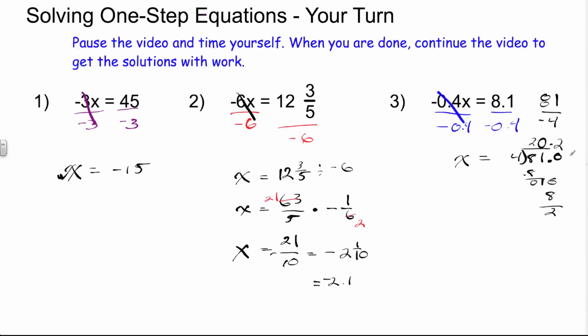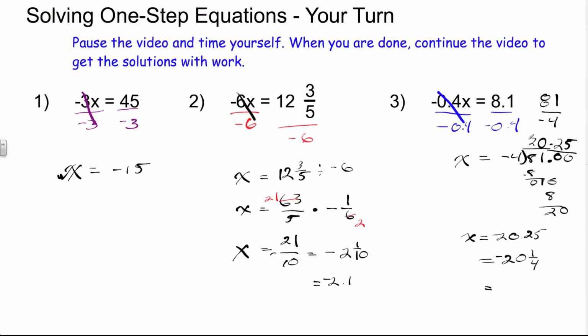Subtract, get 2 left over, add a 0, bring it down, and 4 goes into 20 5 times. So we get the decimal number 20.25. So you saw me there find the answer as a decimal. I can write that answer as a mixed number now. And that should be a negative because it was a negative 4. So x is equal to negative 20.25 or negative 20 1/4.